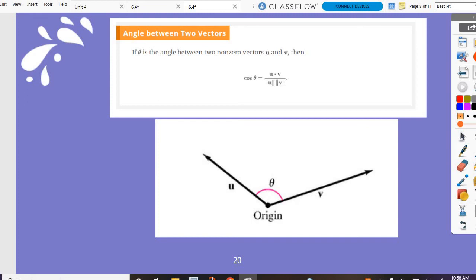There are some other more advanced things that you can do with vectors, but we're not going to get into them in this class. If you continued on into some higher level science classes, they would teach you what you need to know about vectors in those classes. We're just looking at a brief overview of what you can do with vectors.